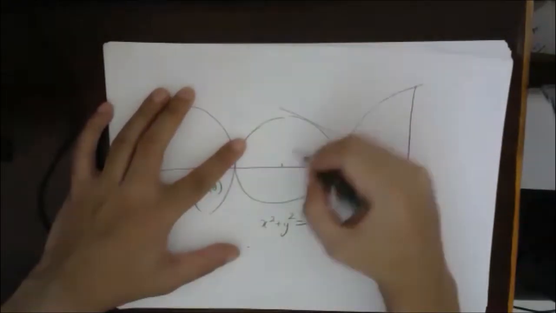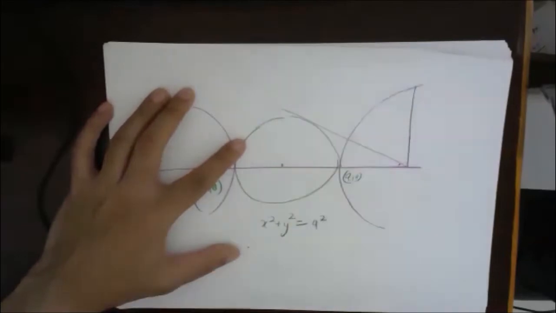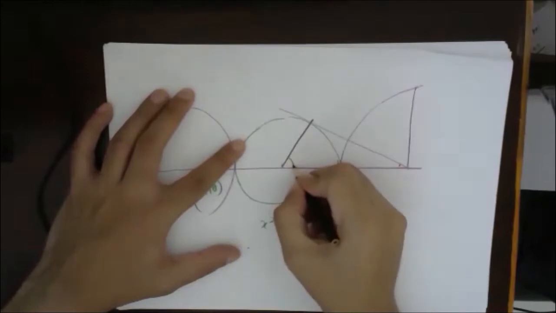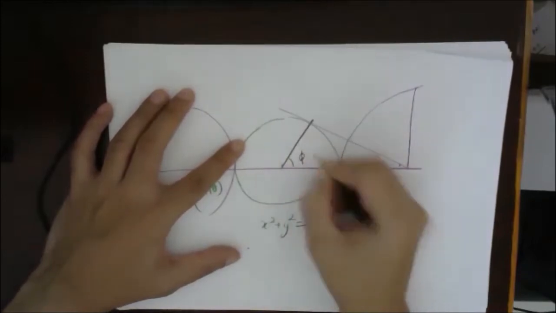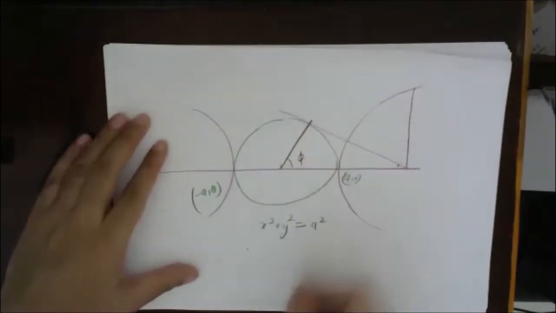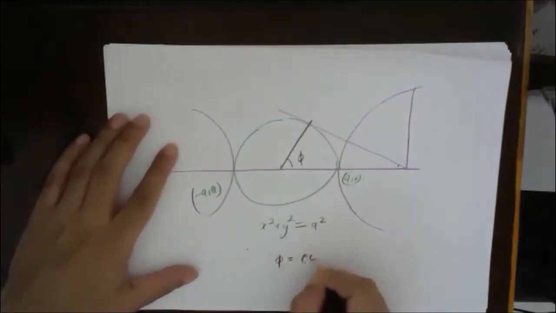Now from this we'll draw a normal. This will be the angle phi, and this is the eccentric angle, so phi is known as the eccentric angle.